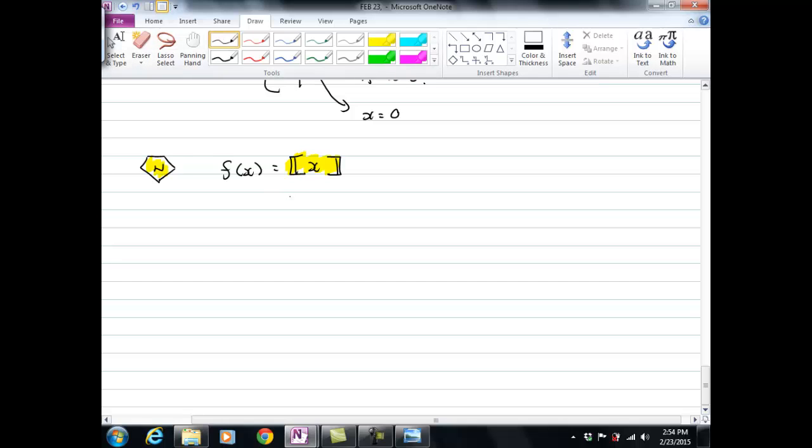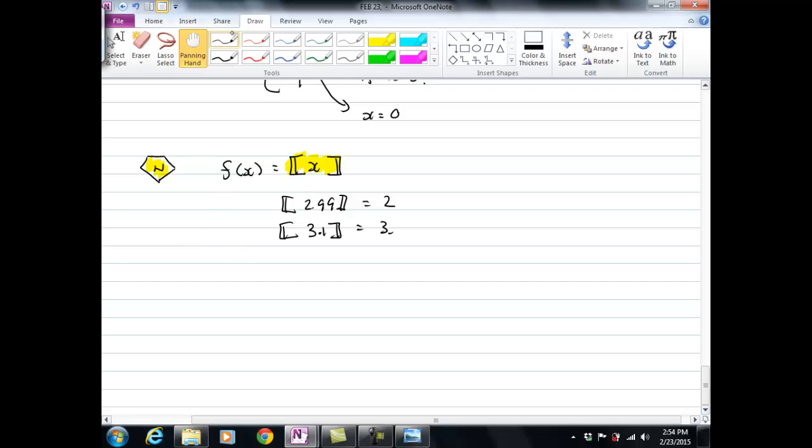So if I put in 2.99 in here, this would become 2, agree? If I put in 3, or 3.1, it would become 3. So the problem with this is, which rule does it violate actually? Rule 2, because there's no limit.